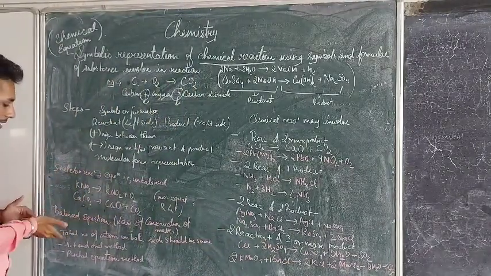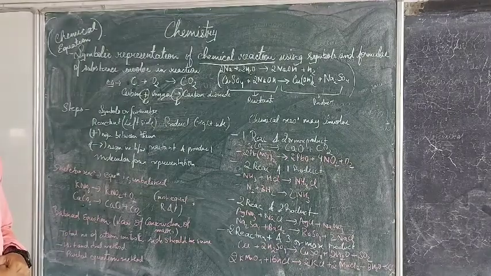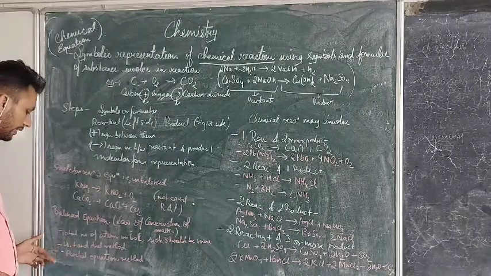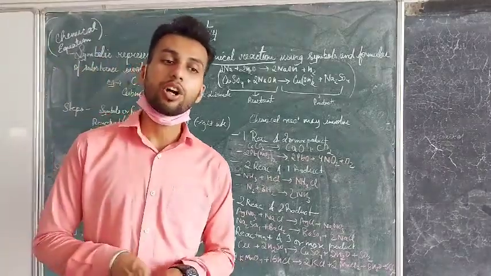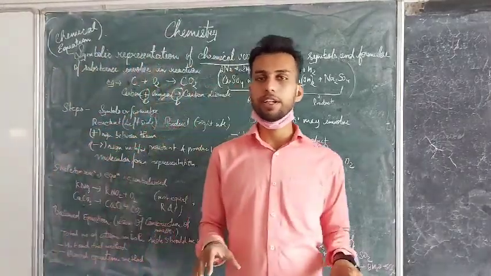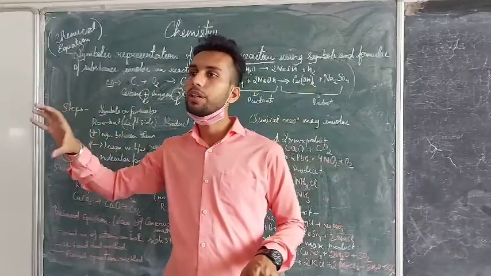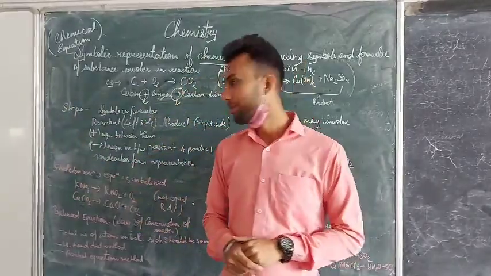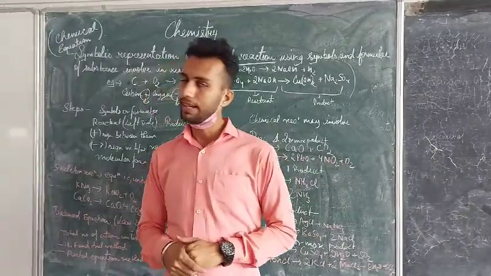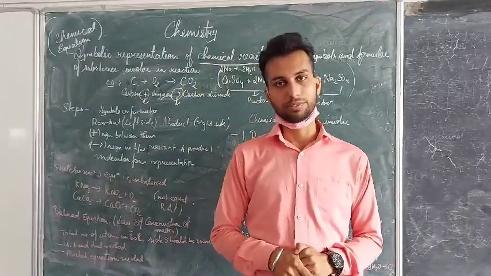To make it stable, the balanced chemical equation is introduced, where we use two different techniques, the hit and trial method and the partial equation method, by which we will learn how to balance a chemical reaction so that the number of atoms on the reactant and product sides will be equal.